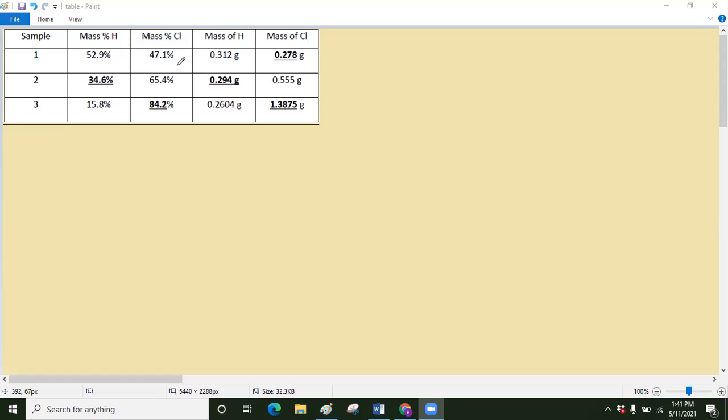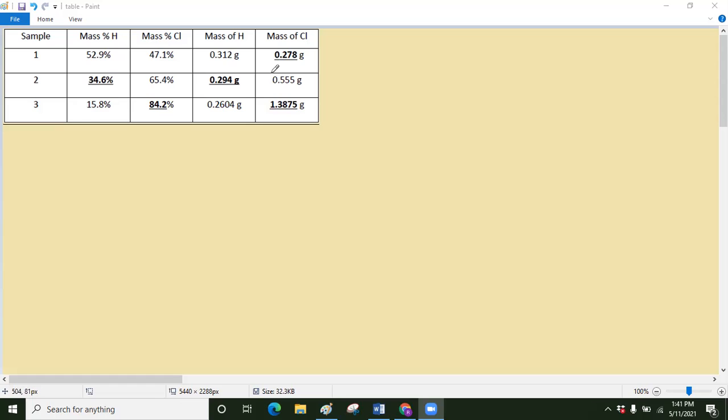So in the first sample here, we're imagining that we have this hydrogen chloride sample, and 52.9% of that sample is hydrogen, and 47.1% is chlorine.